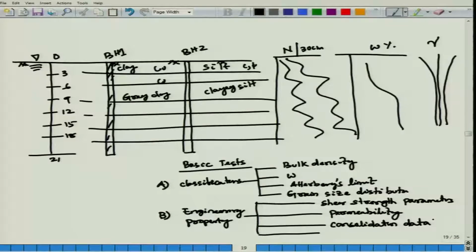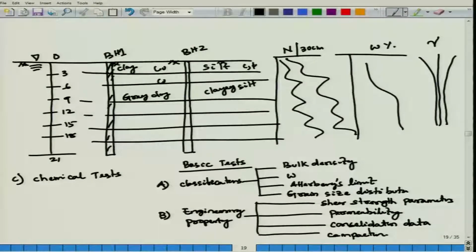Consolidation data for what? For settlement calculations. Then compaction. Then if it is organic soils, then you have to go for chemical test. So, this is all, particularly in bore log data you have to show it.